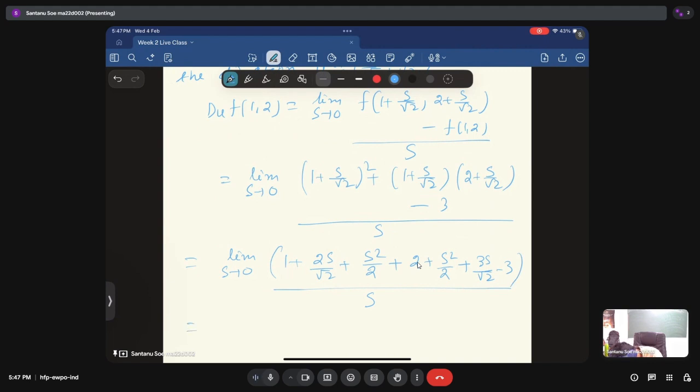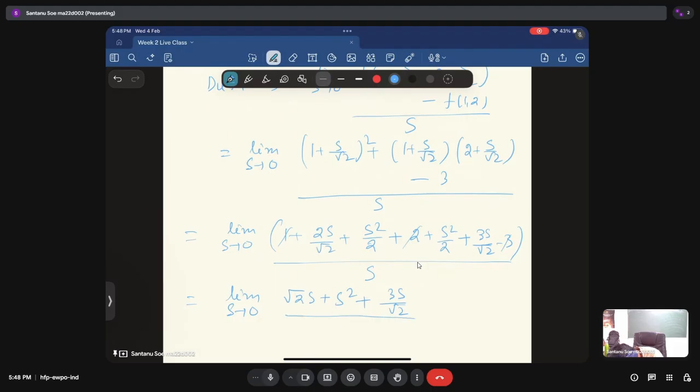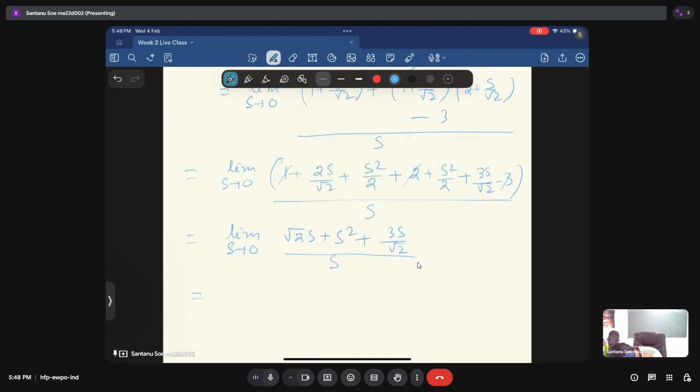Okay, so this is the limit as s tends to 0. Now this 3 got cancelled out here. So this will be root 2 s plus s squared by 2. So s squared by 2 plus s squared by 2 will be s squared, plus 3s by root 2, divided by s. So this will be the limit as s tends to 0 of root 2 plus s plus 3 by root 2.